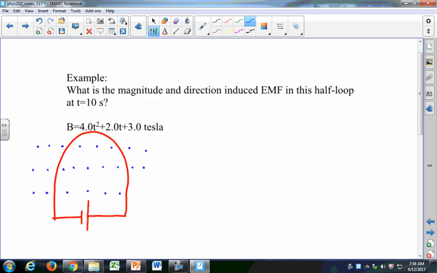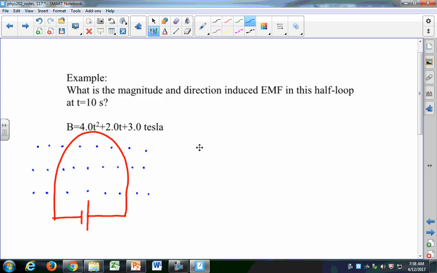We can change the magnitude of the magnetic field with time. We can change the area of the loop, or we can change the angle of the loop, right? And what's the most common way to create an induced current in practice? We can change the magnitude of the magnetic field. That's what we're doing here.